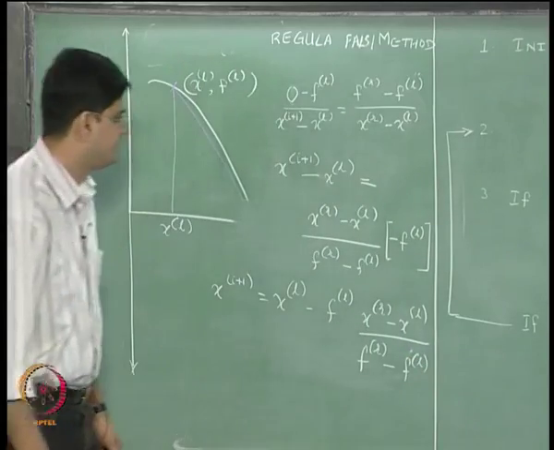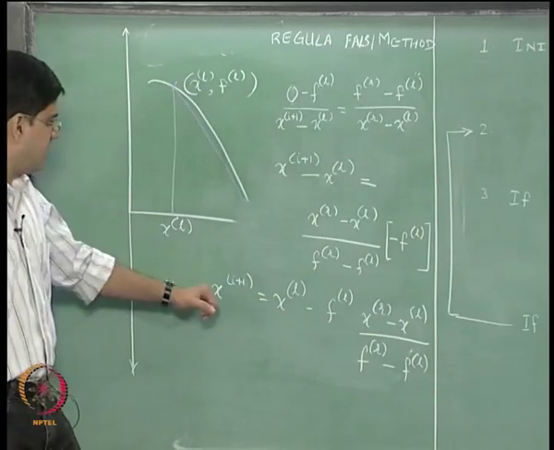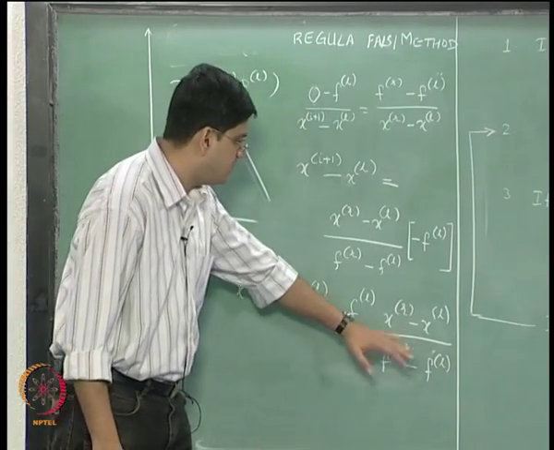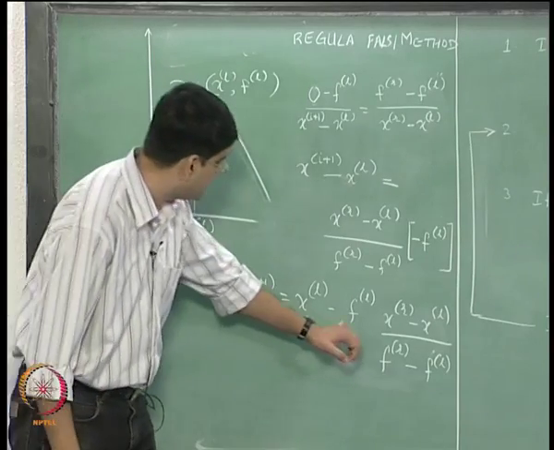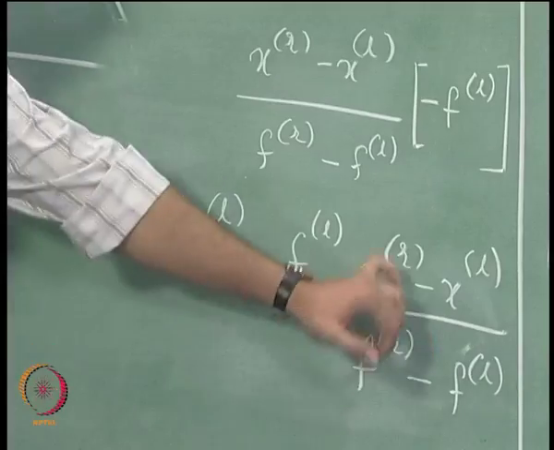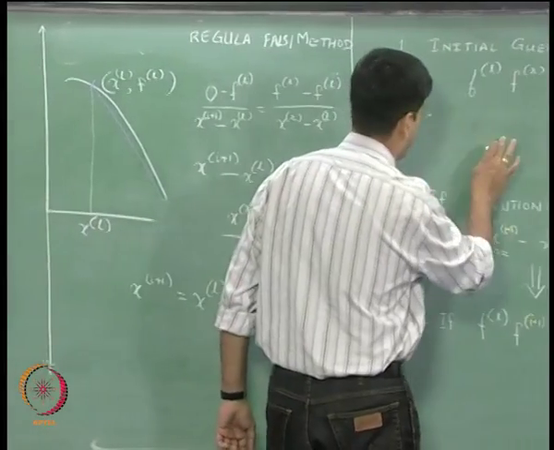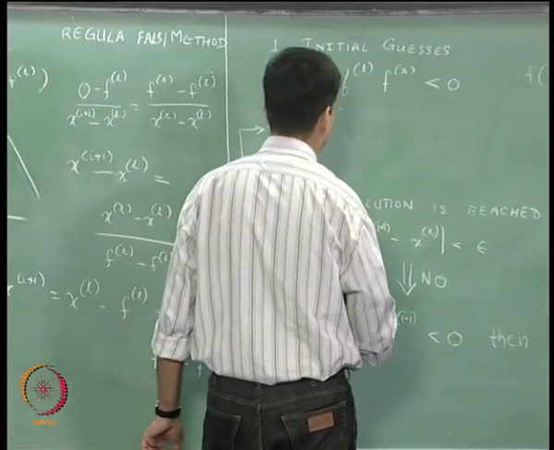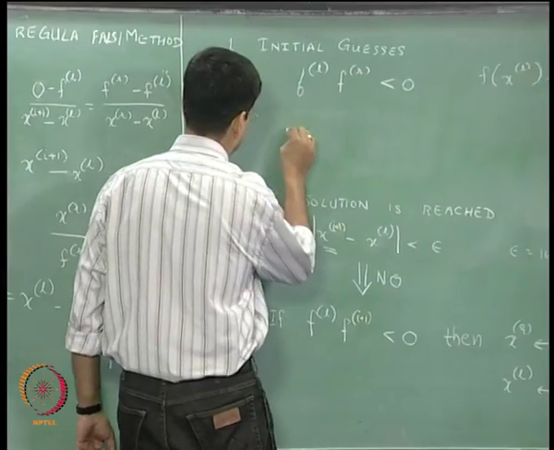minus f_l). So instead of generating x_{i+1} equal to (x_l plus x_r) divided by 2, we have just generated it using this particular method. So we will just replace step number 2 in our bracketing method with the result generated just now.